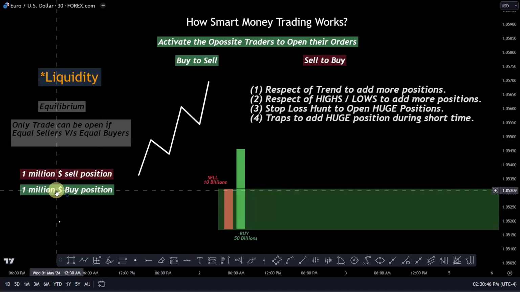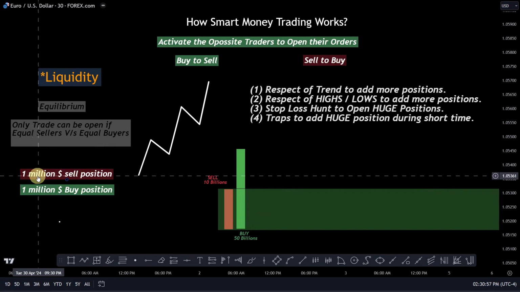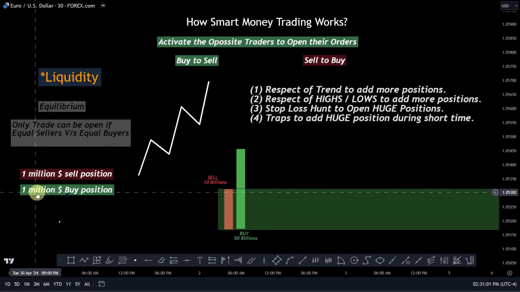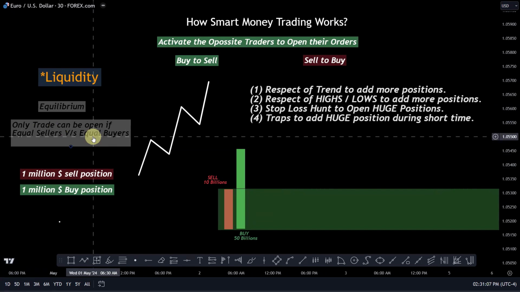But what if someone wants to add a position of $5 million, but on the other hand, the seller is only present with a $1 million position? If we consider the whole market cap, in that case, the position of $5 million will not be open. Why? Because there always have to be equal sellers versus equal buyers to open the position, because someone has to make the money and the other will lose the money.